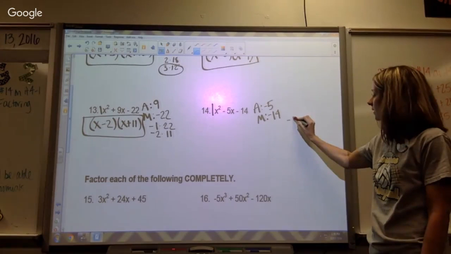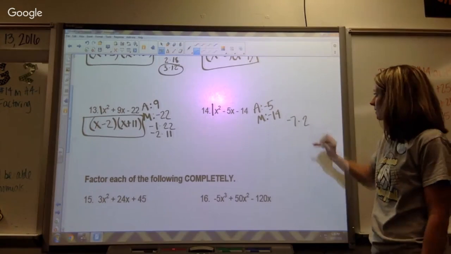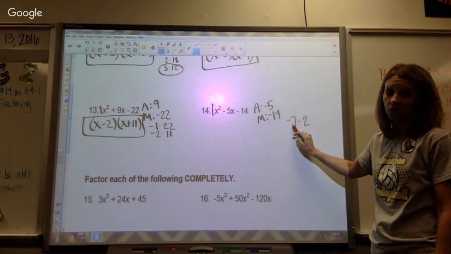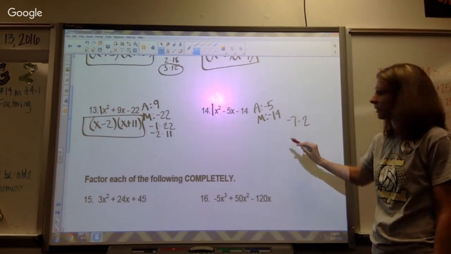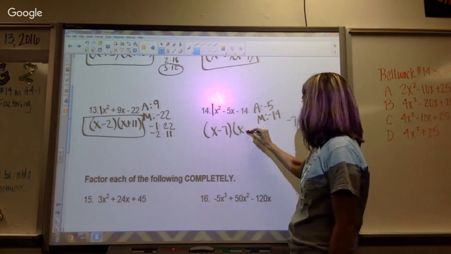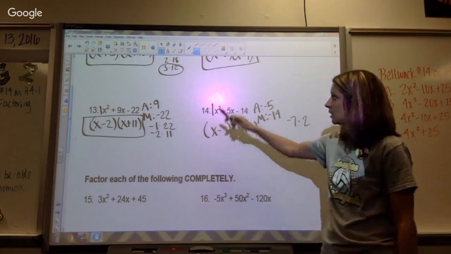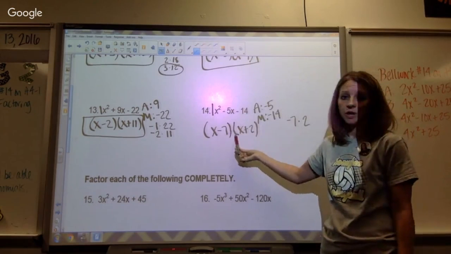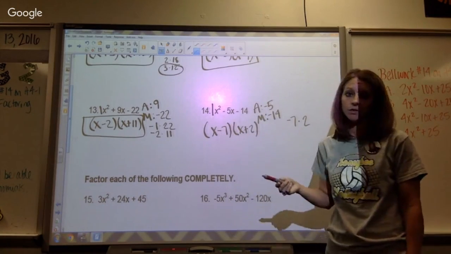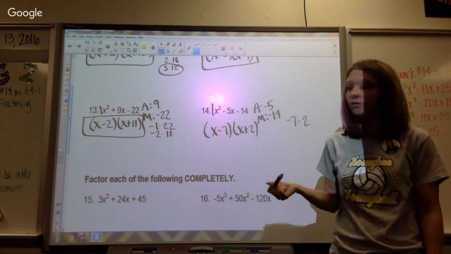So that would be negative 7 and positive 2. Because you want to add to get a negative, which means the larger number would need to be the negative one, which is 7. So that would be x minus 7, x plus 2. Same thing on all of these. It doesn't matter the order that you write these as long as it's x plus 2, x minus 7. So the sign has to be correct for each factor.